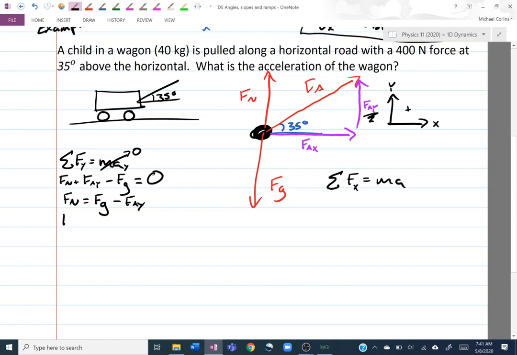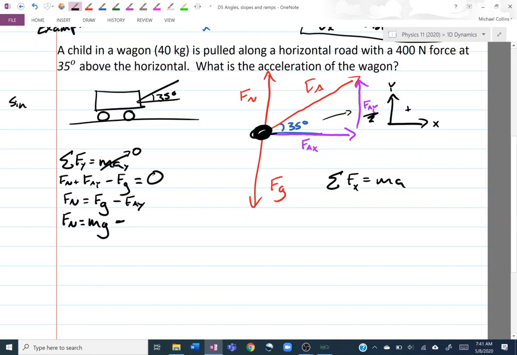I can substitute something in for Fg just because I know that I'm going to need it in the future. If you didn't think about that right now, then that's okay. And my Fay, I also might as well do while I'm here. Fay is the opposite of my angle. So opposite is a sine.